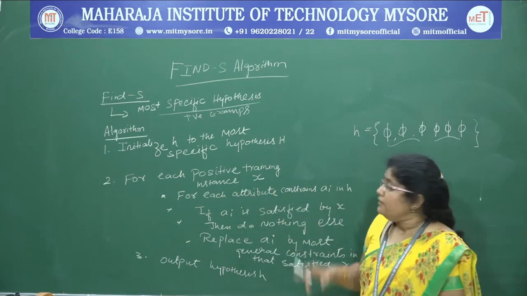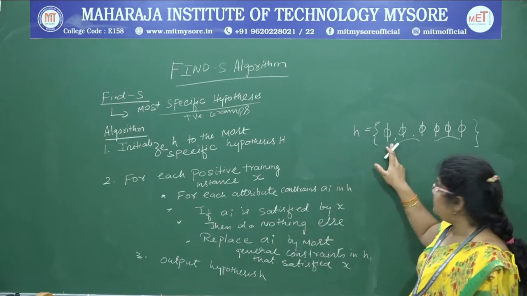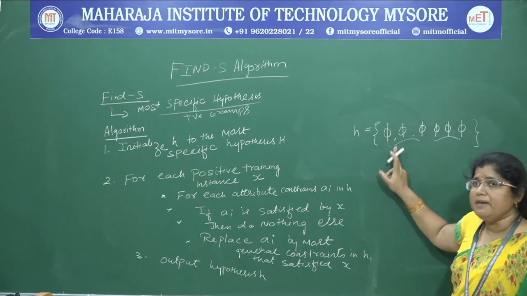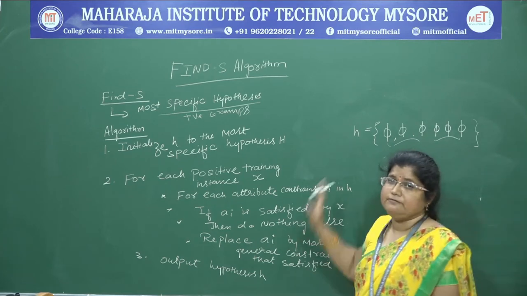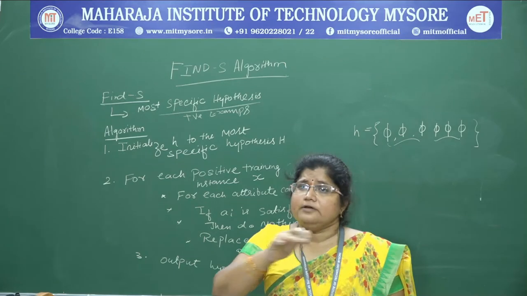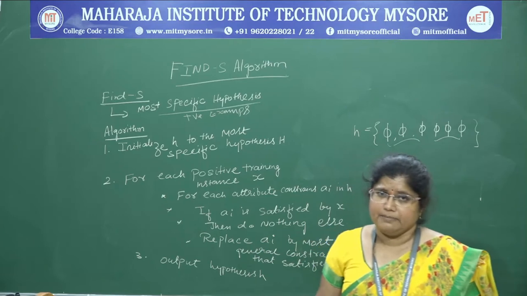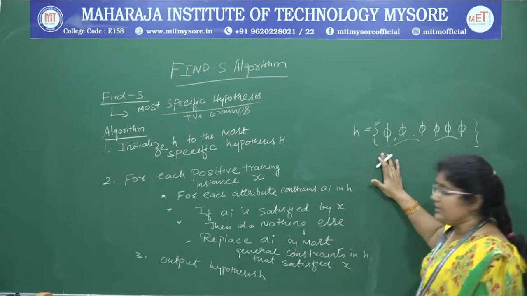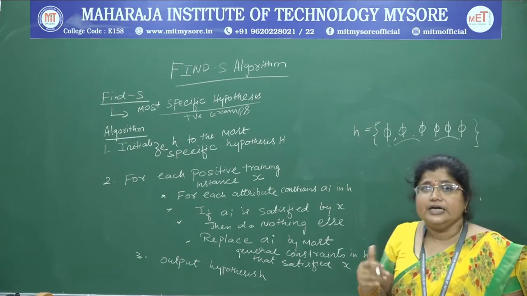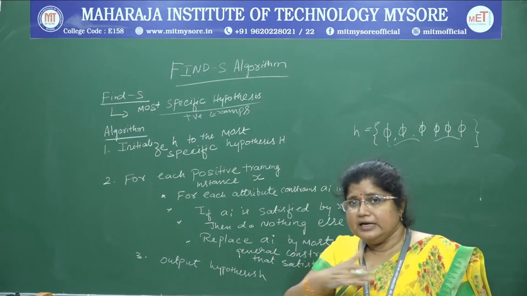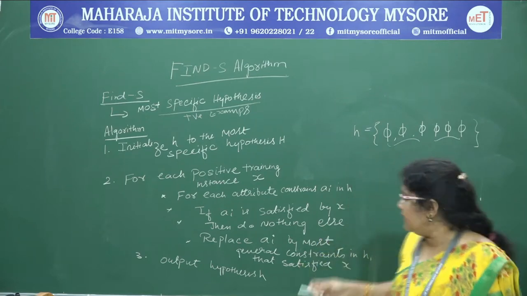Next, we compare the attribute constraints, whether this particular attribute phi matches the data set attribute. Phi will not match the first training example. When it is not matching the first training example, replace phi, the most specific hypothesis, with the first training example data itself as the first hypothesis.